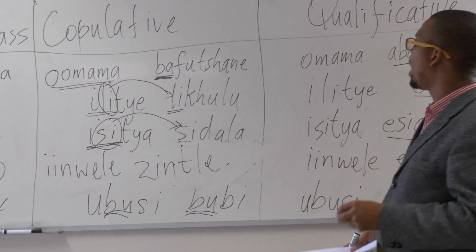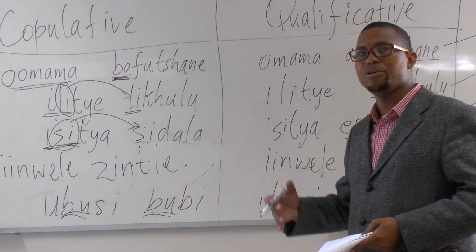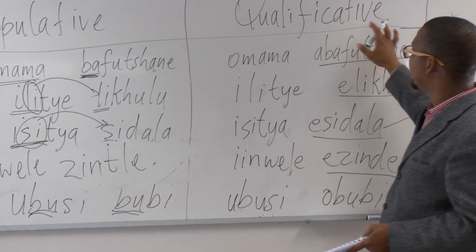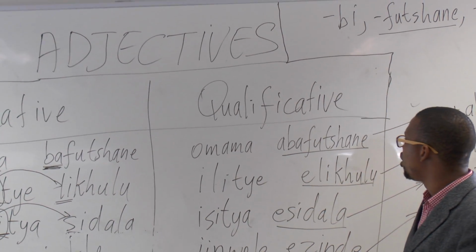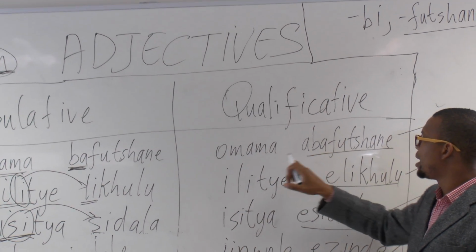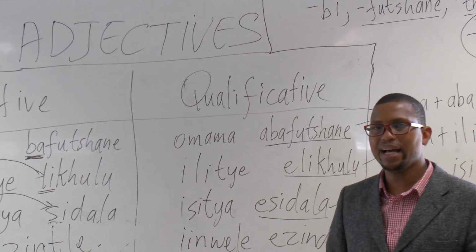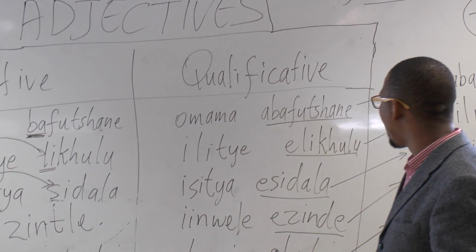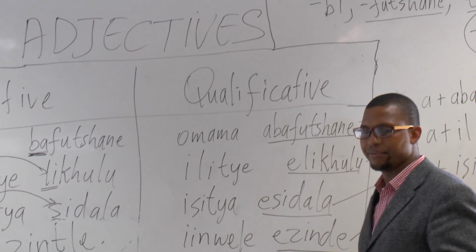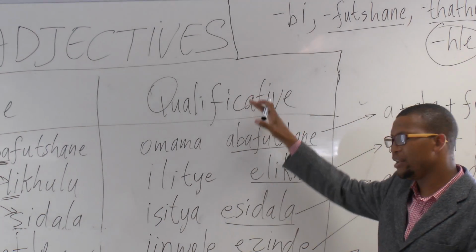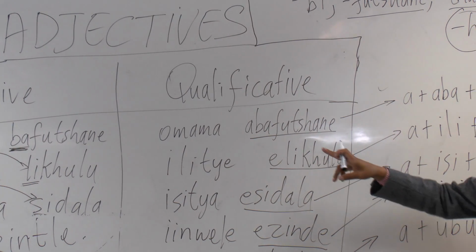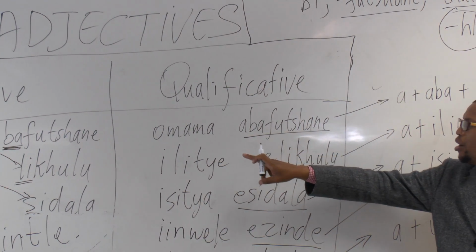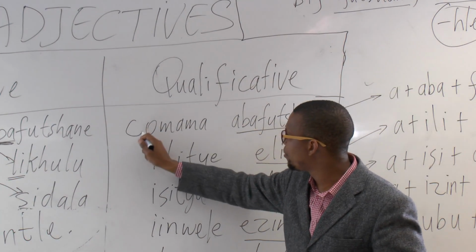Let's move now to the next examples whereby you use an adjective as a qualificative. For class 2A, for example, you want to say a short mama, a short mother. You qualify that as a qualificative. Remember, with qualificatives there is a formula that we use. In the case of class 2A, oomama, sorry for that.